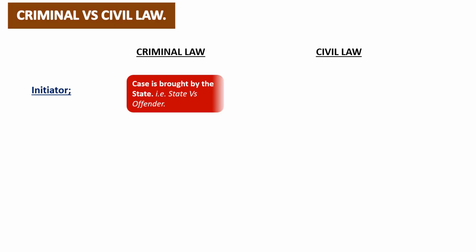Now, in criminal law, because it is a public law, it is the state that will bring the case up to the courts for adjudication. Okay, so normally the title will be the state versus the name of the offender. So the country, Ghana v. Johnson.